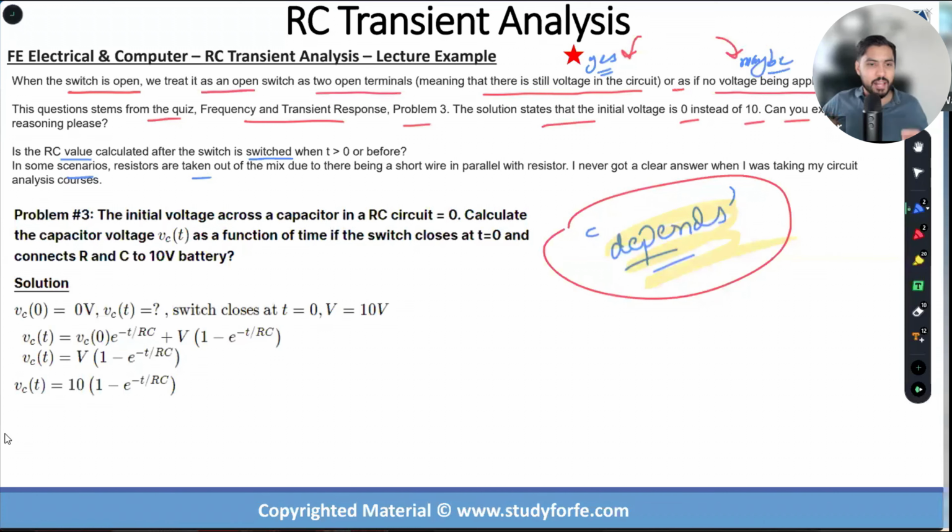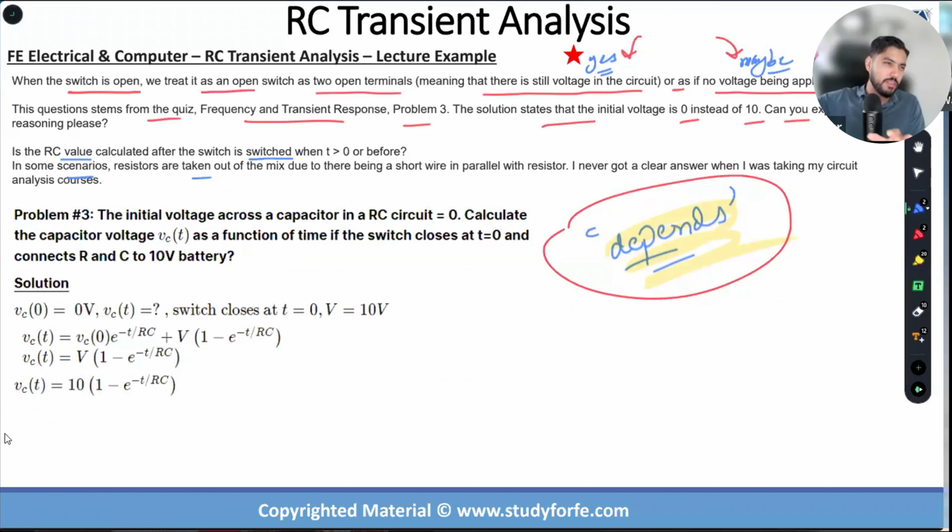So as helpful as these maps and mental models and frameworks are, they are no substitute for actually digging in deeper, right? So I find a lot of students doing this, especially with circuit analysis, and RC transient, as I mentioned earlier, RL transient, as I mentioned earlier, are essentially an extension of circuit analysis, just like most of the problems that we did in electronics were an extension of circuit analysis. 75% of the stuff was circuit analysis.